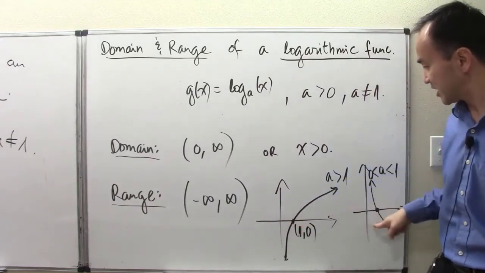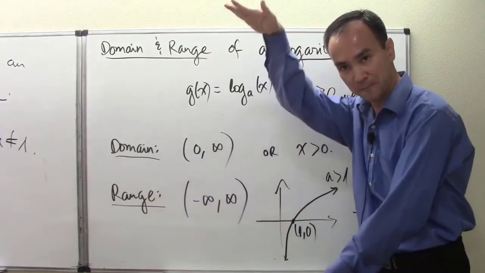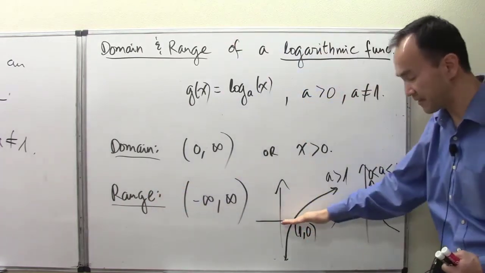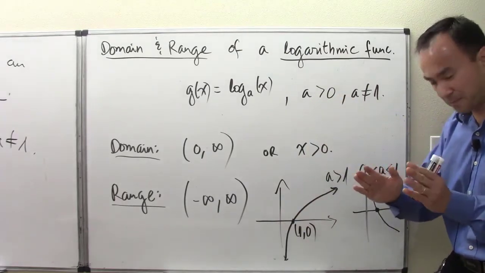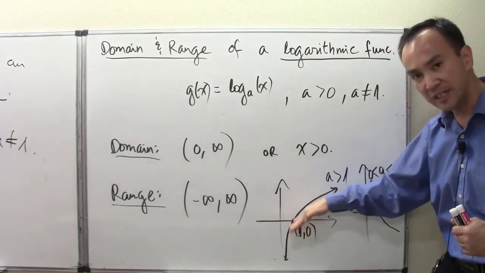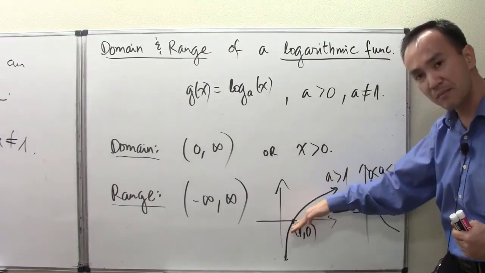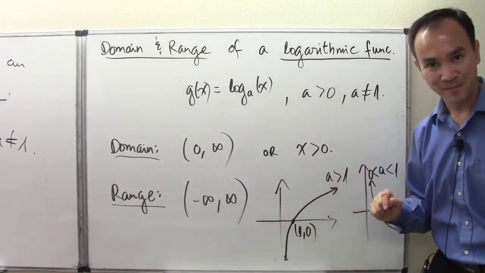And that's consistent with our conclusion that the range, the vertical spread of the graph, can keep extending further and further up, even though, as you're seeing on the picture, in a case where the base is greater than 1, the rising part above the x-axis may become slow, but it's still rising. It will keep rising, okay?